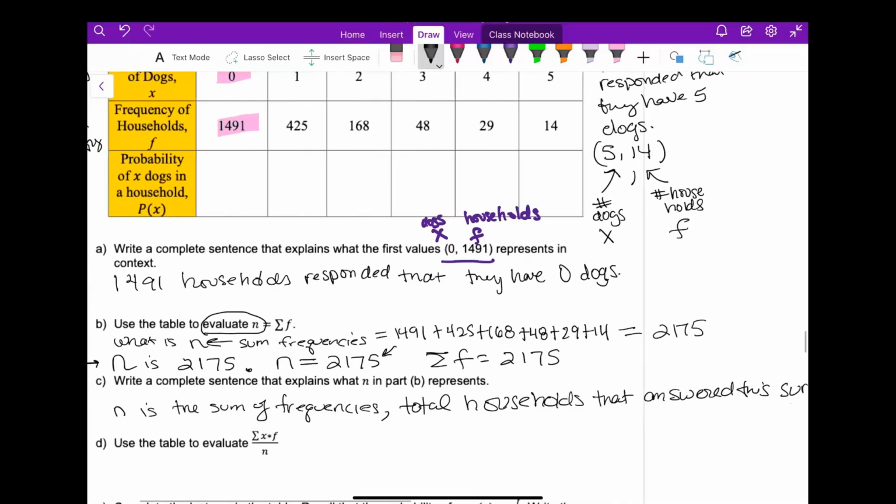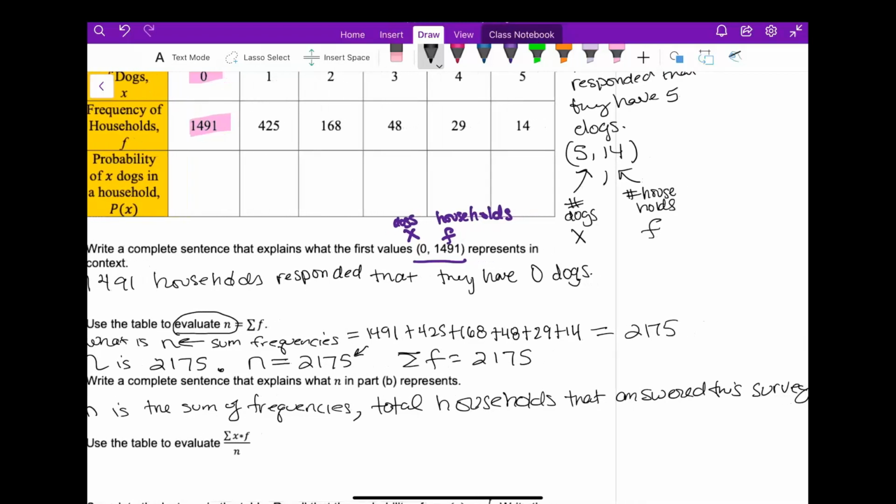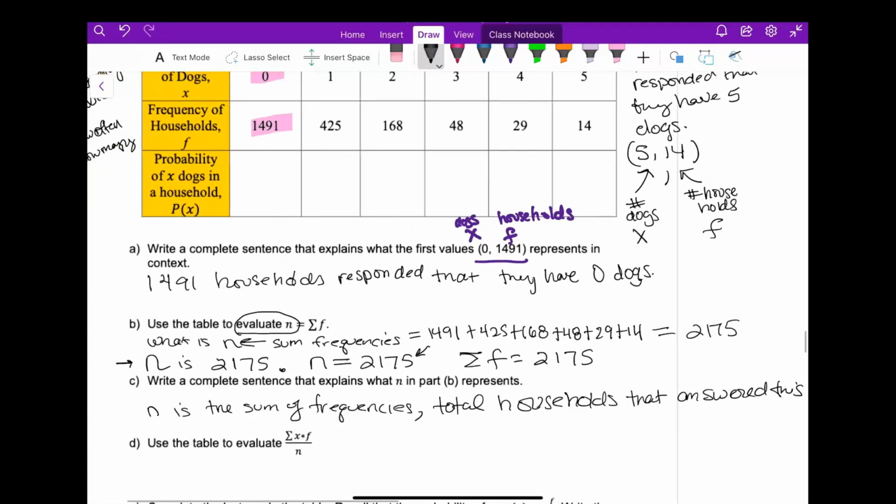So mathematically, it's the sum of the frequencies. In context, it's the total households.